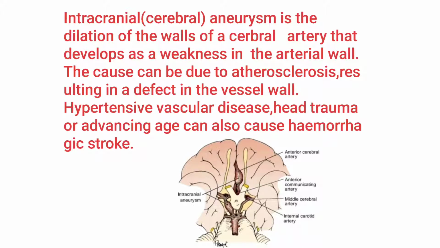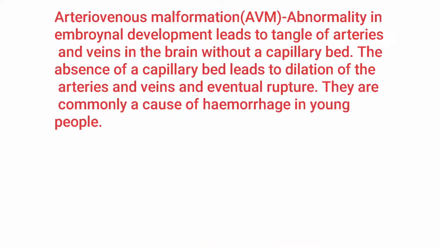The cause of aneurysm is unknown but may be due to atherosclerosis, that is a condition marked by atheroma, when there is abnormal deposition of fatty tissue, which now results in a defect in the vessel wall. It can also be caused by hypertensive vascular disease, head trauma, or advancing age.